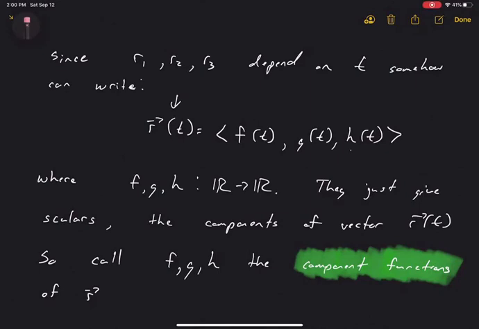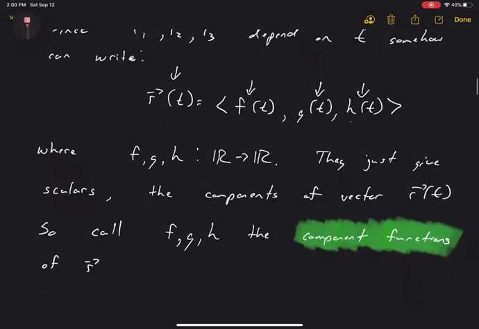And now each of these functions in these spots, these are all just our normal idea of a function from real numbers to real numbers. Okay, so these f, g, and h functions, they're the same thing we've seen in Calc 1 and Calc 2. They just take t as input, and they give a scalar or a real number as output.